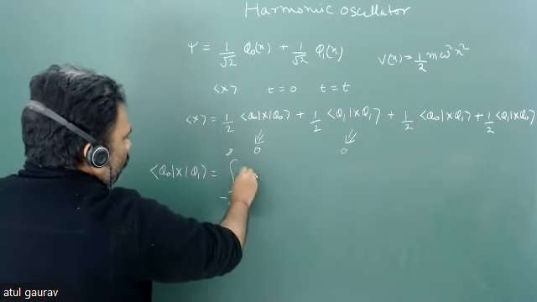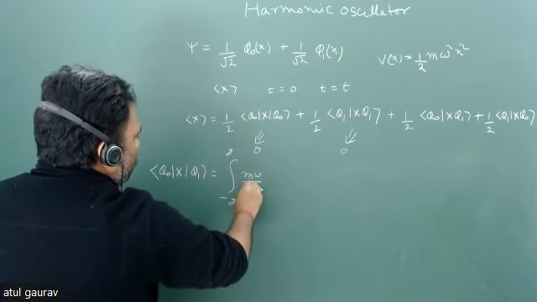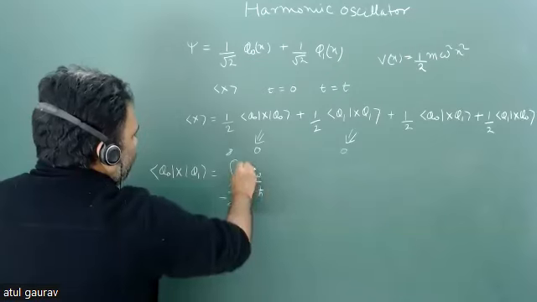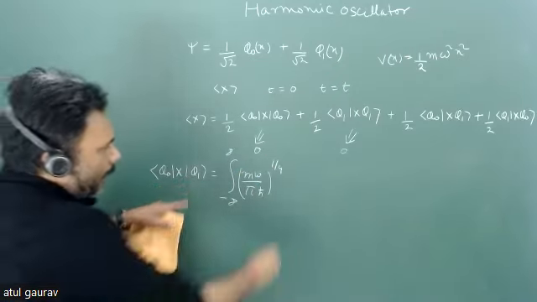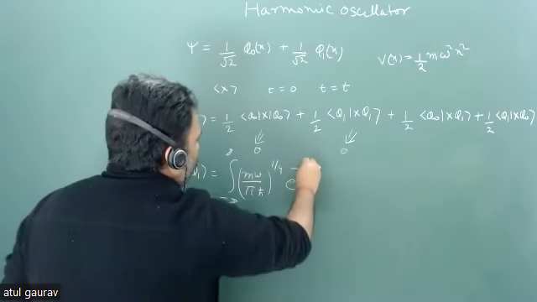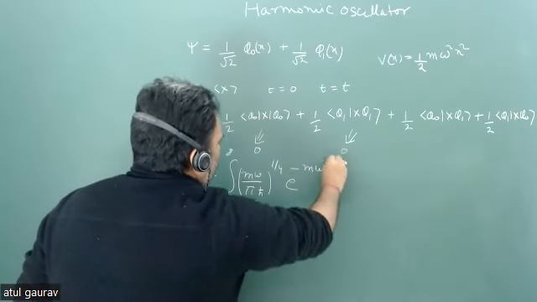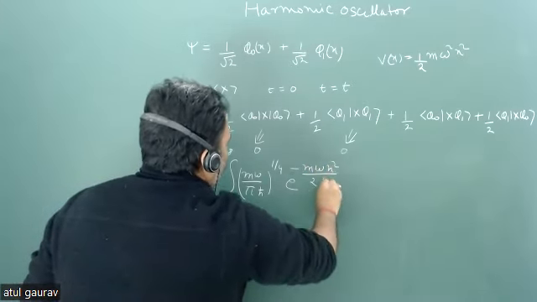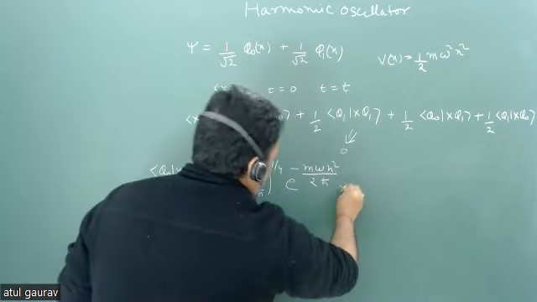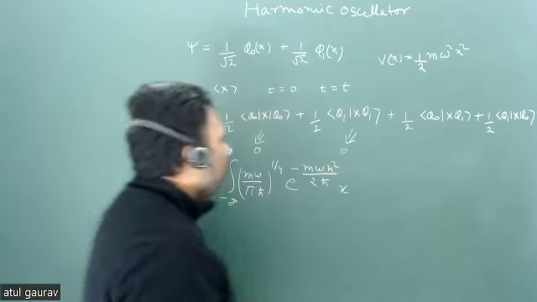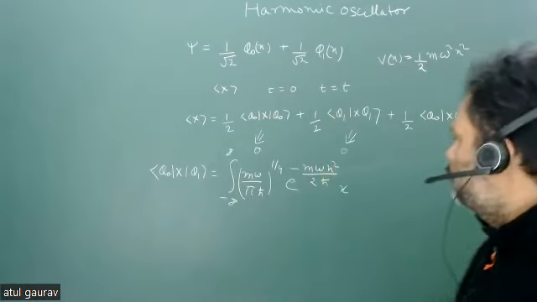First phi naught, that is (m omega upon pi h cut) to the power 1 by 4, and the ground state is nothing but a Gaussian, e to the power minus m omega x square upon 2h cut. X will operate on phi 1, it will give you x, and phi 1 is also there. So what is your phi 1?